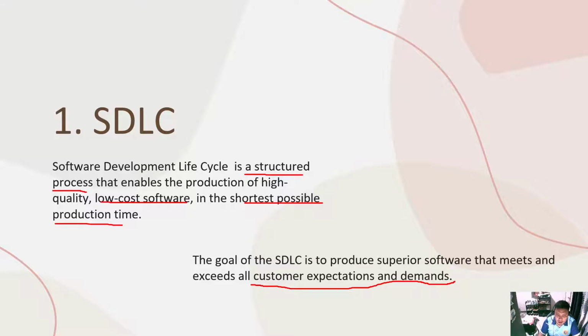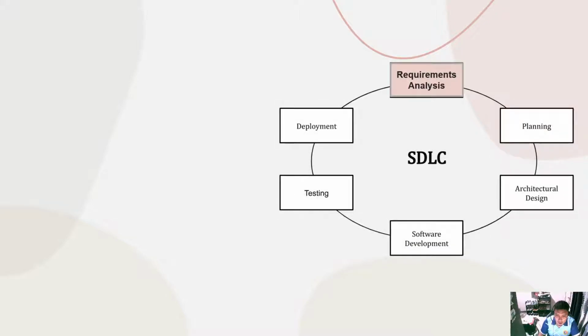So make sure that all the requirements they need, including your design, will be included in your coding and also your deployment. Make sure that all the requirements of the customers will be met in your development.